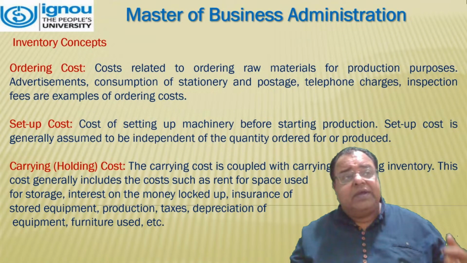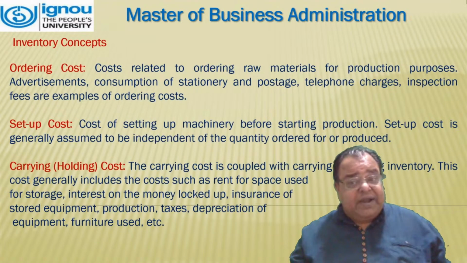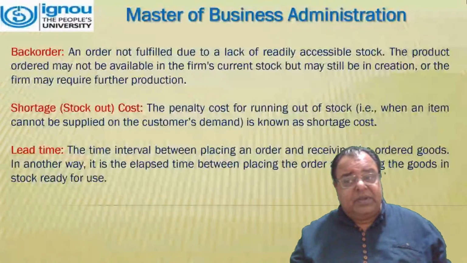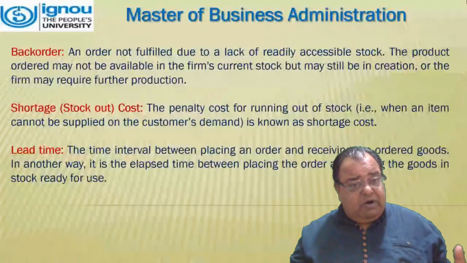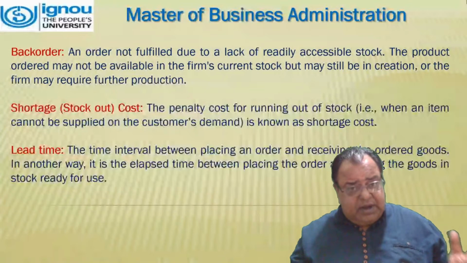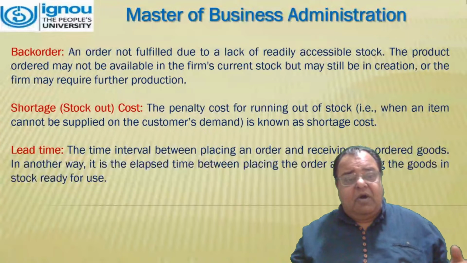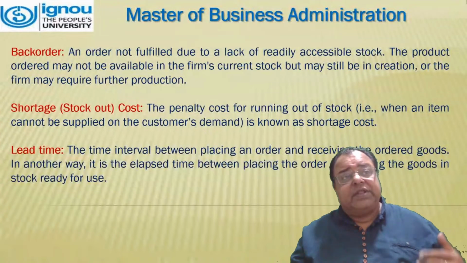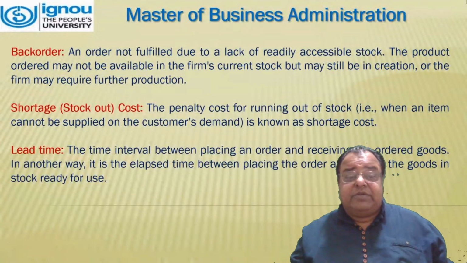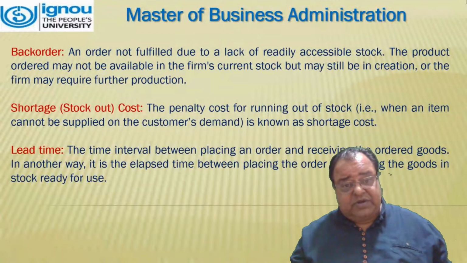Then comes back order, an order not fulfilled due to lack of readily accessible stock. The product may not be available in the firm's current stock, but may still be in creation, or the firm may require further production. Then comes shortage or stock out cost.